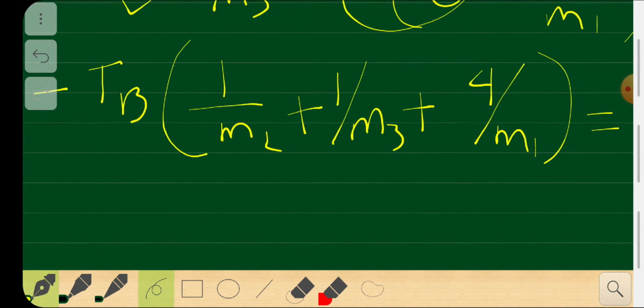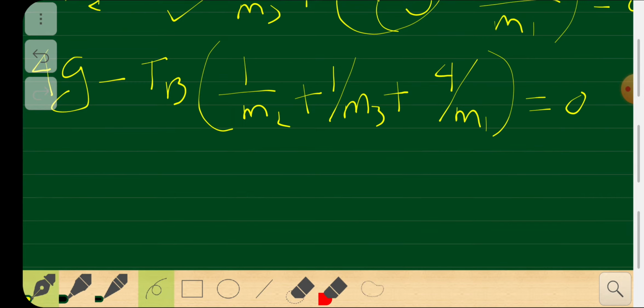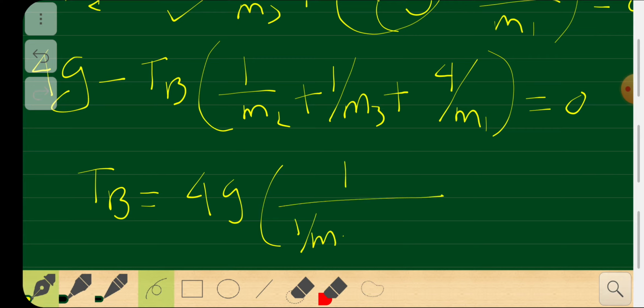Now I can simplify this equation. tb will be equal to 4g times 1 divided by (1 by m2 plus 1 by m3 plus 4 by m1).